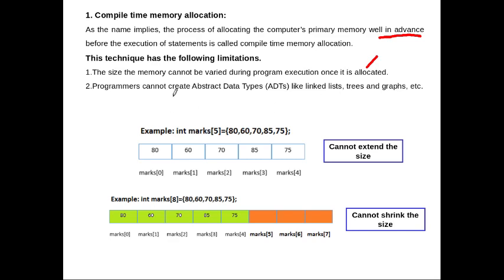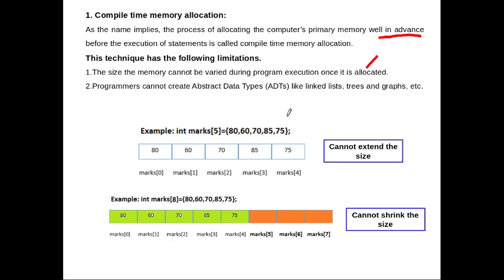A programmer cannot create abstract data types using compile time memory allocation, such as linked lists, trees and graphs. These are growing data structures, so they require memory during the program execution.